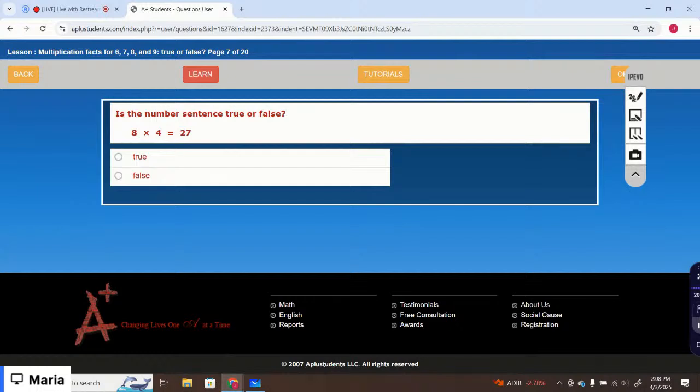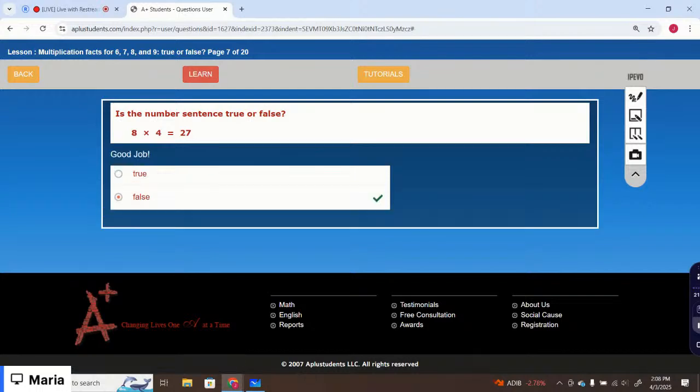8 times 4 equals 27. False it is. 8 times 4 is not 27. So that is false.